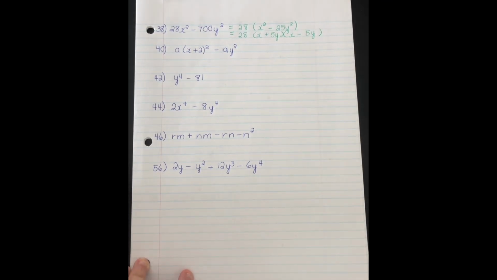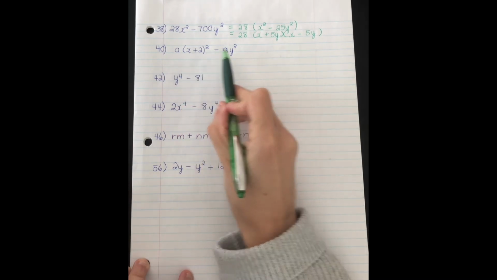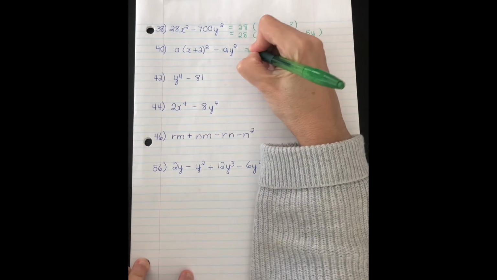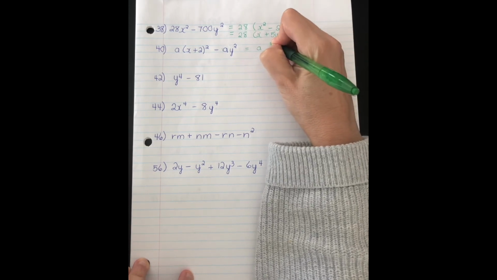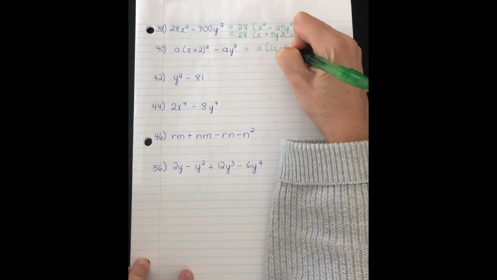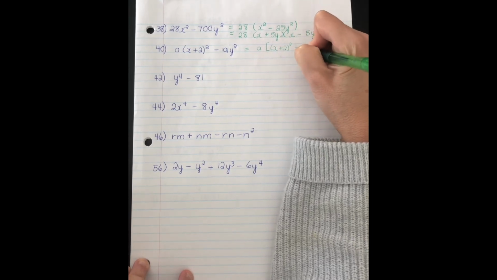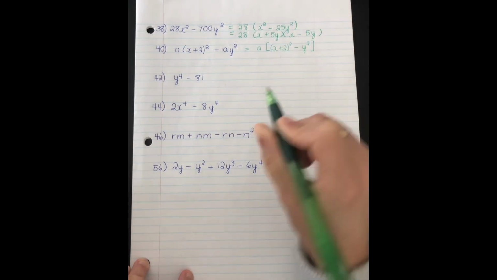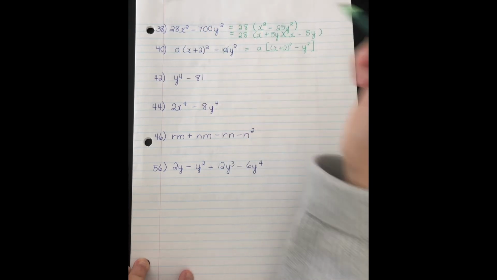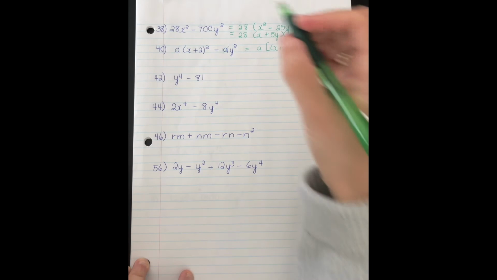Okay, problem 40. This is one term, this is a second term, and a is common to both of those terms. So we begin by removing a. And that leaves x plus 2 all squared minus y squared. Okay, so the a is removed here and here, in other words.